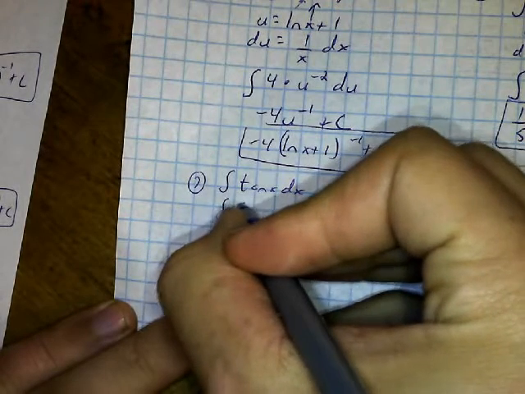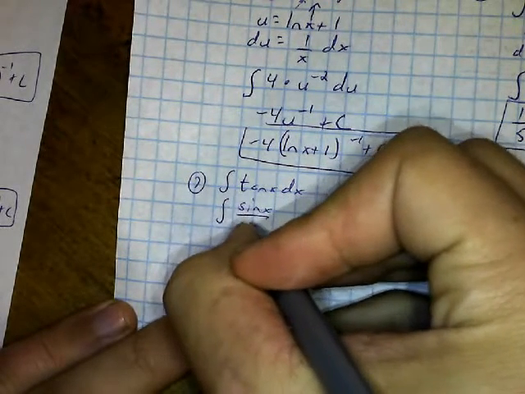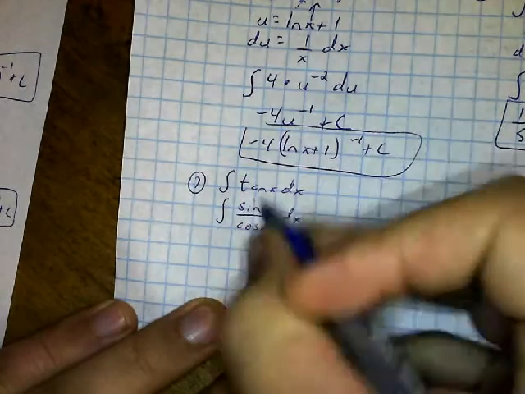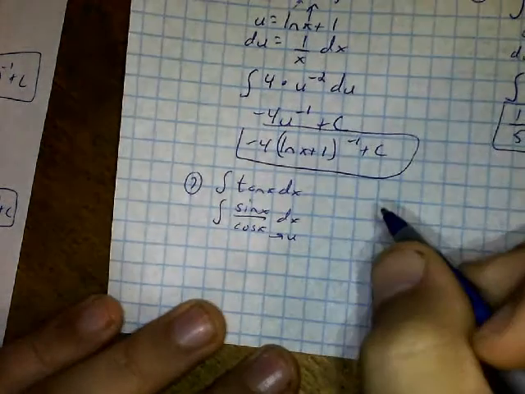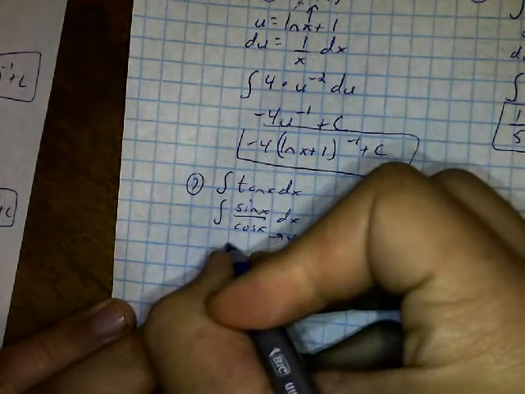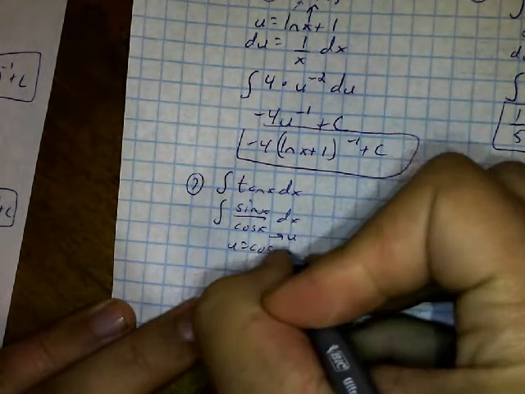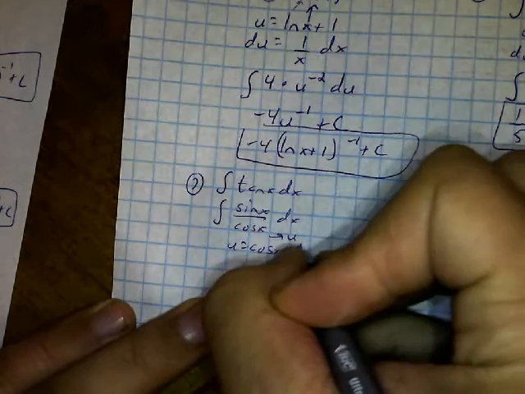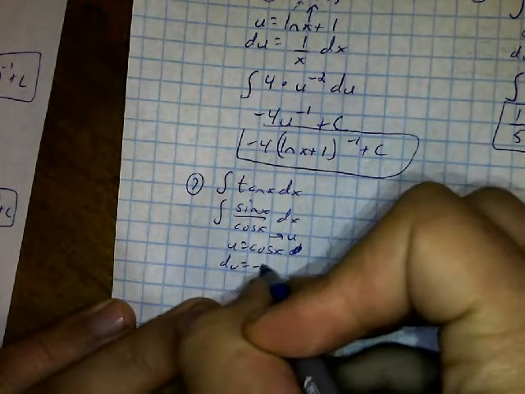The integral of sine of x over cosine of x. So if you let this be u, so u equals cosine of x, du equals negative sine x.